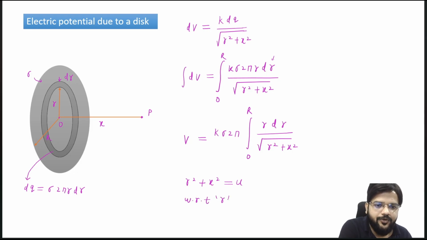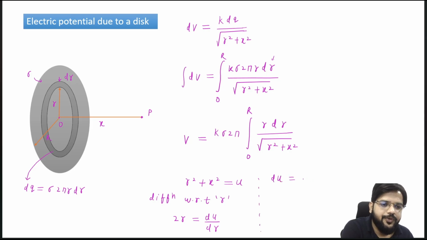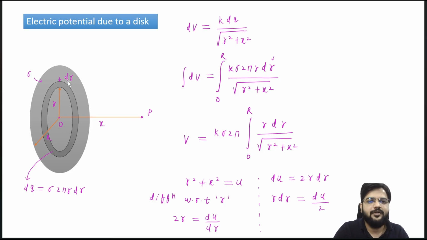Correct? So differentiating with respect to r, what will we get? 2r, and x is constant, so it is 0, and the differentiation of u with respect to r is du by dr. Now the next thing: du equals 2r dr. Alright, so the value of r dr is du by 2. This thing we will get.